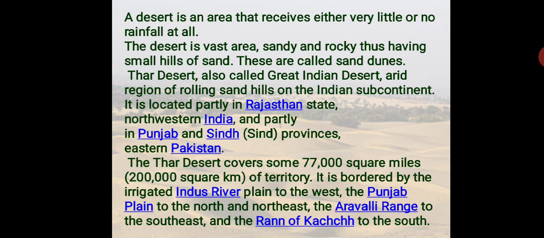So, once again, I am saying that the Thar Desert is bordered by the Indus River plain to the west side. Sorry, children. The Punjab plain to the north and northeast, the Aravalli range to the southeast, and the Rann of Kutch to the south.